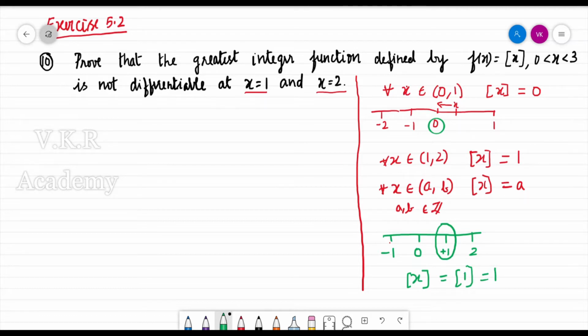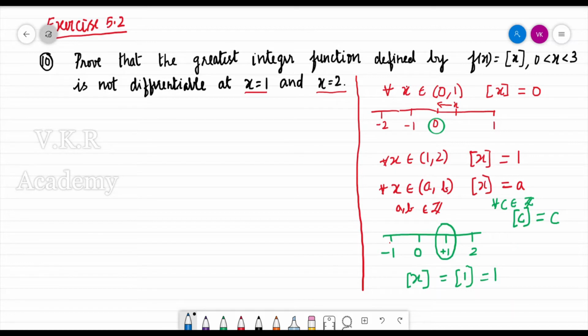So the integers less than or equal to 1 are 1, 0, minus 1, minus 2, etc. And the greatest among them is 1. So for all integer values of c, greatest integer function of c is equal to c.